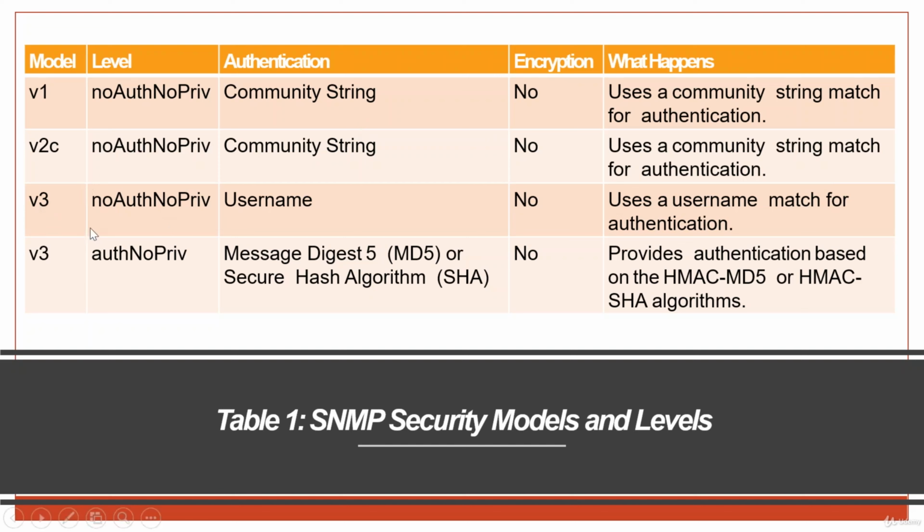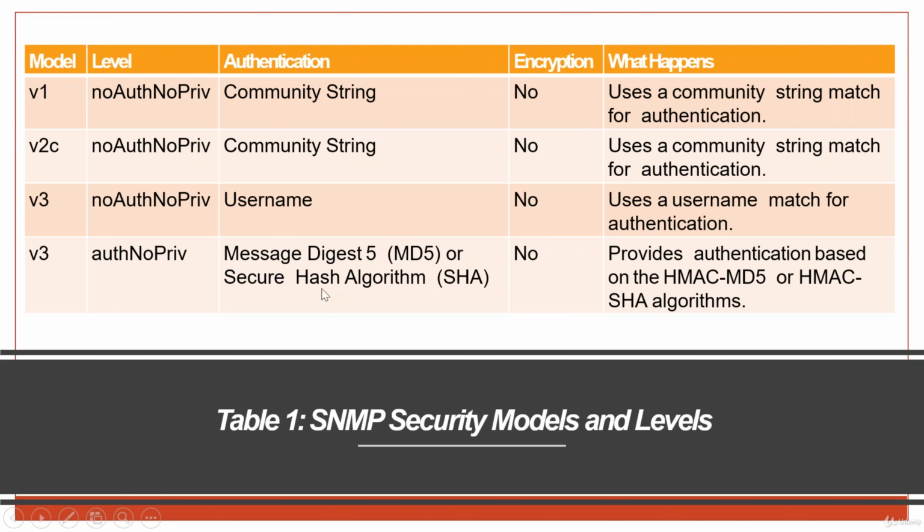Now V3 not only supports authentication and encryption, but it also has a no auth, no priv method. So you can match the username for authentication. Then you have auth, no priv. Auth means authentication, no privacy.